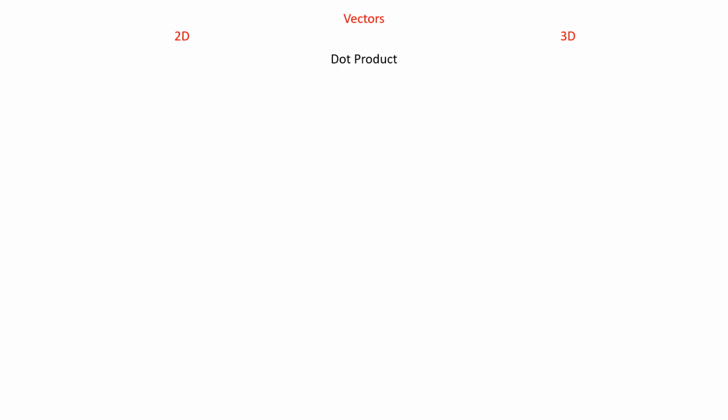But first, dot products. The dot product is one of the forms of multiplying. We're actually going to find the other form of multiplying in the next section, or perhaps the fourth section. But the dot product, we take the x components, multiply, take the y components, multiply, then we add those together.